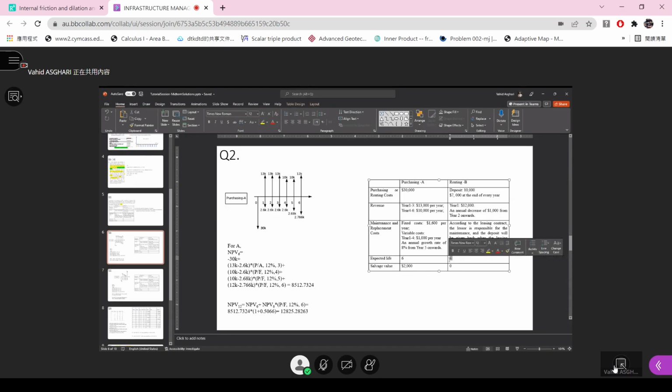The equivalent, like 12 years, would be good enough for our purpose here. So we need to repeat it one more time. And yes, we did it. And then we will have to find out the net present value of the repeated cash flow based on the future value at year 6 and 12% interest. The final value will be something around 12,800 something. So this is the first part. Do you have any problem or any question about this part?